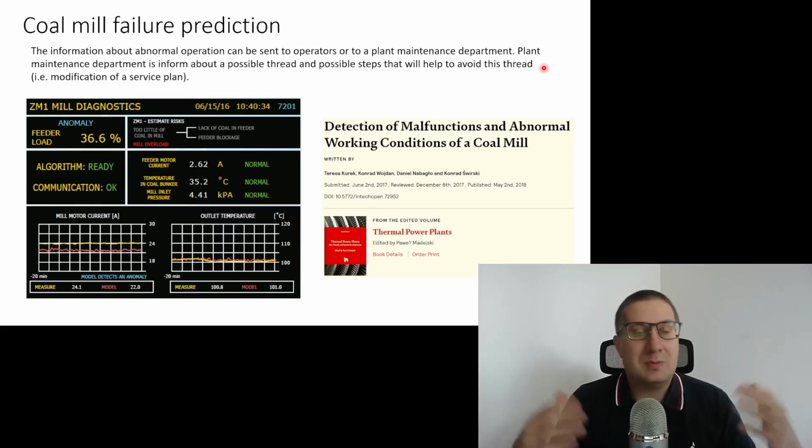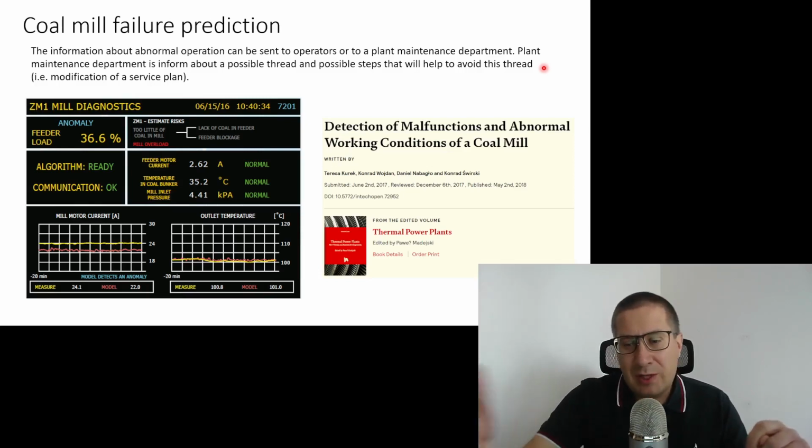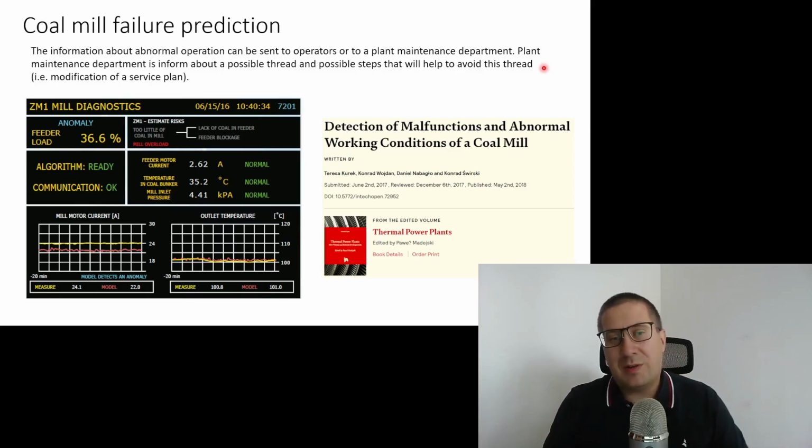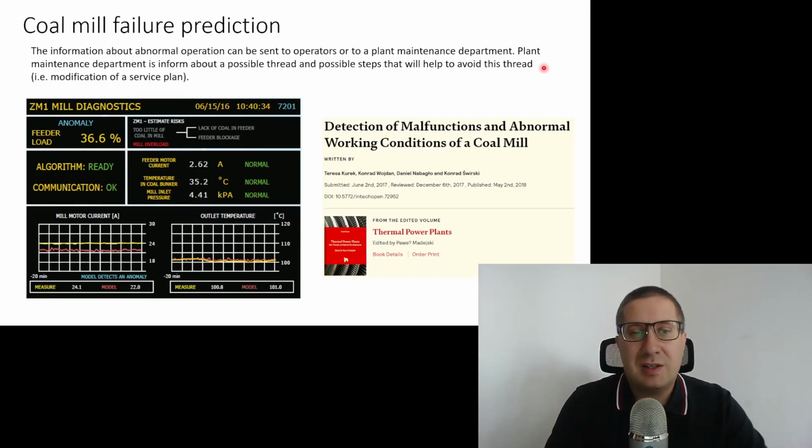And of course, automatically the optimizer has to increase the load of all other mills. So this is a step forward to prescriptive maintenance. It was a very, very interesting project.